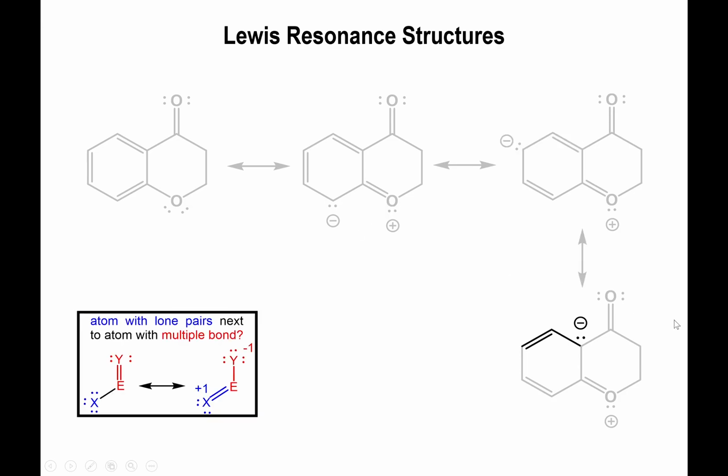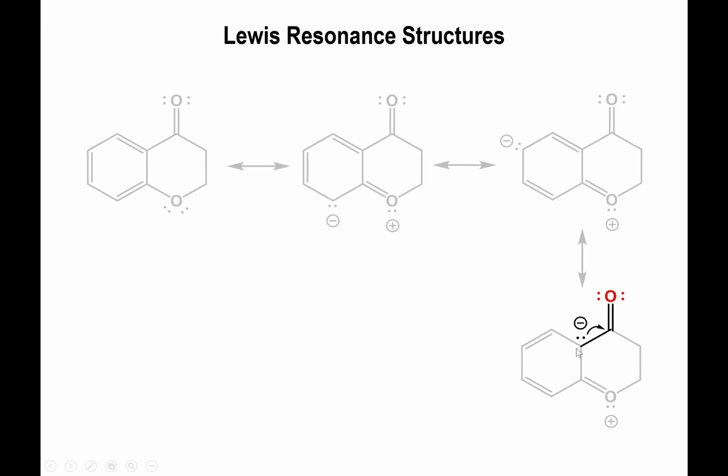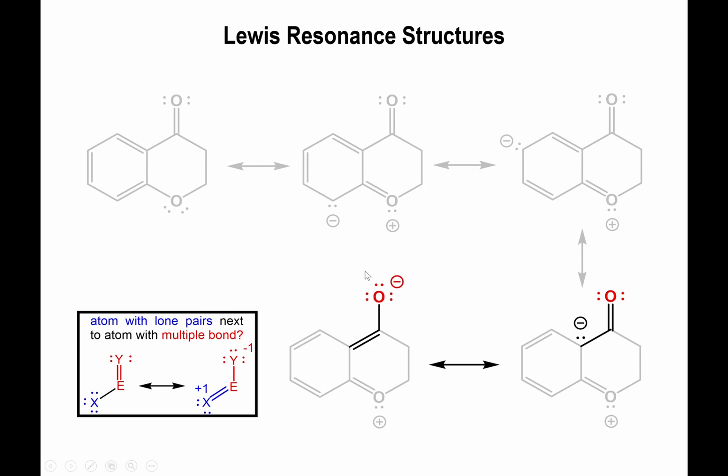Alright, now same idea, lone pair next to multiple bond, and sure enough we have a multiple bond right here, so we can bring the electrons down and kick these electrons out of the way, and in the process we'll form yet a new structure. And then you ask yourself the question: is there a multiple bond next to the lone pair of electrons? And the answer will be no, because this is the terminal atom and it has nothing next to it.